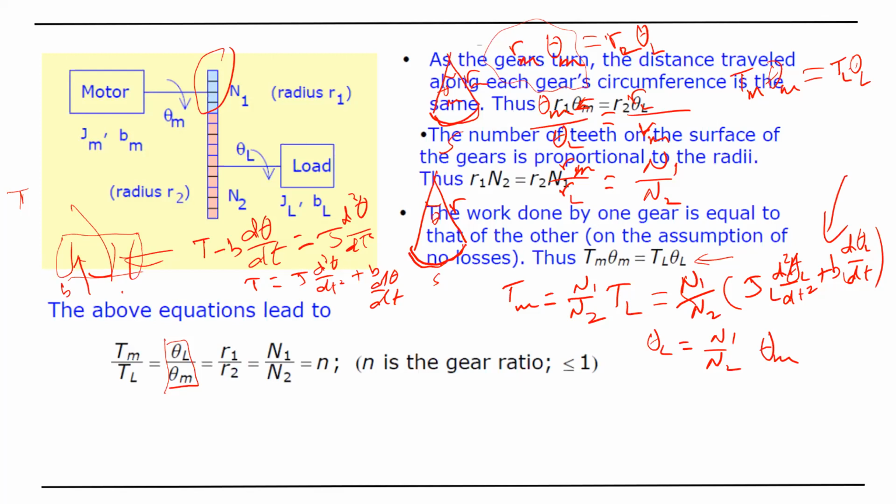Now let me substitute for theta L in terms of theta M. So TL equals N1 over N2 times JL. If you differentiate theta L, N1 over N2 is constant, so I can put it out: N1 over N2 times d second theta M over dt squared.